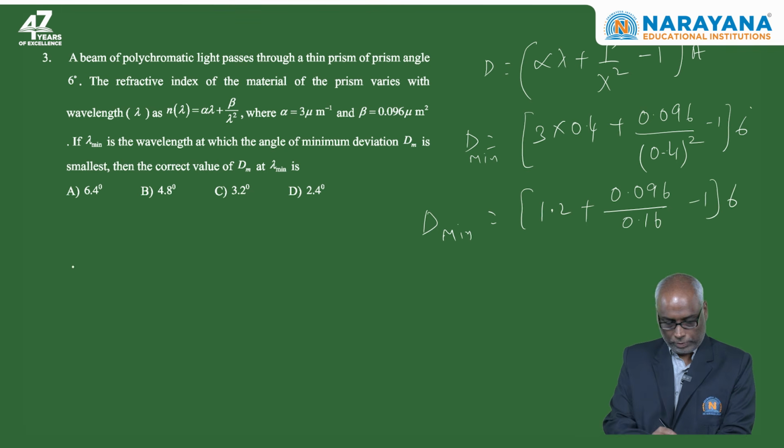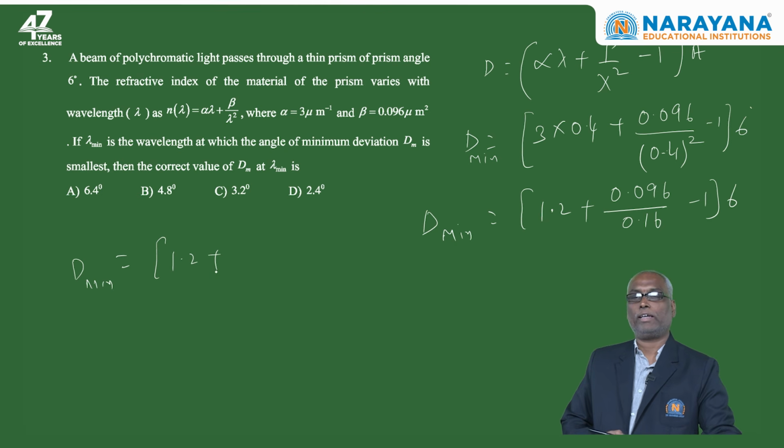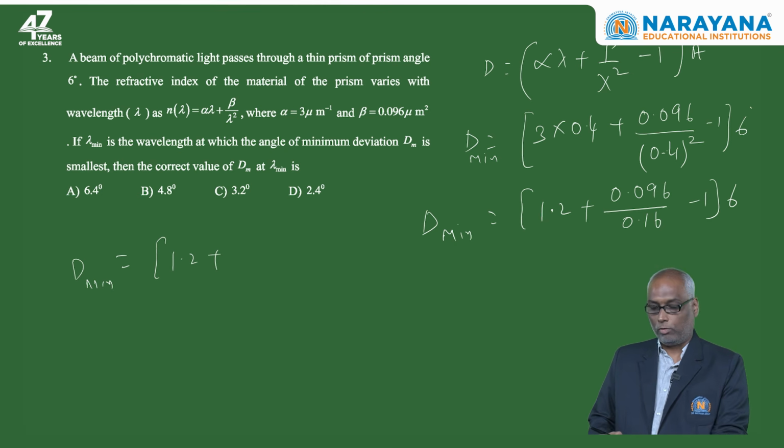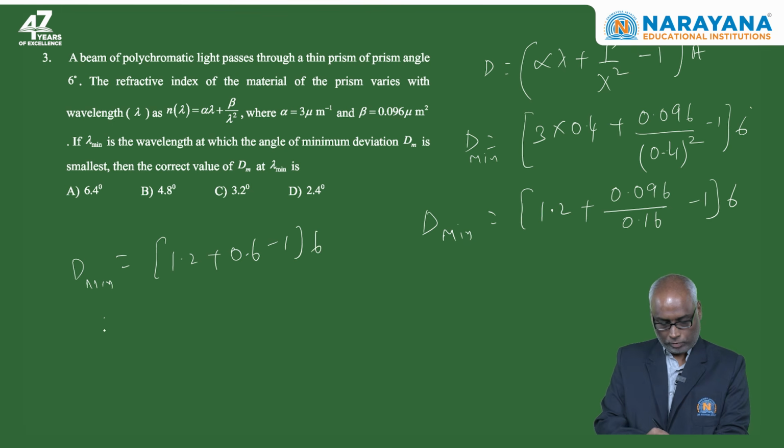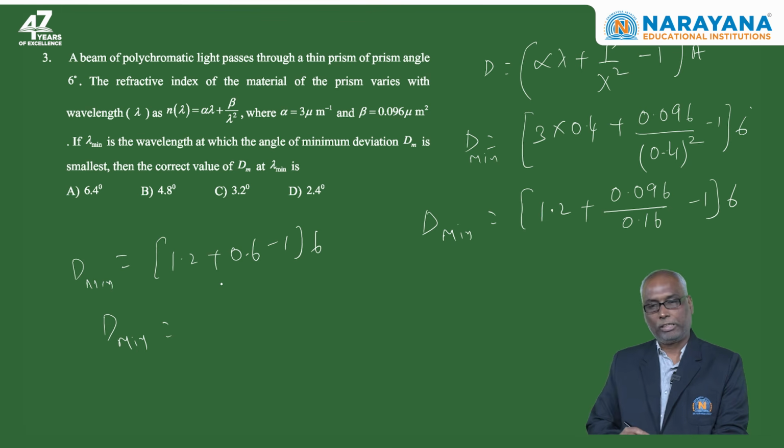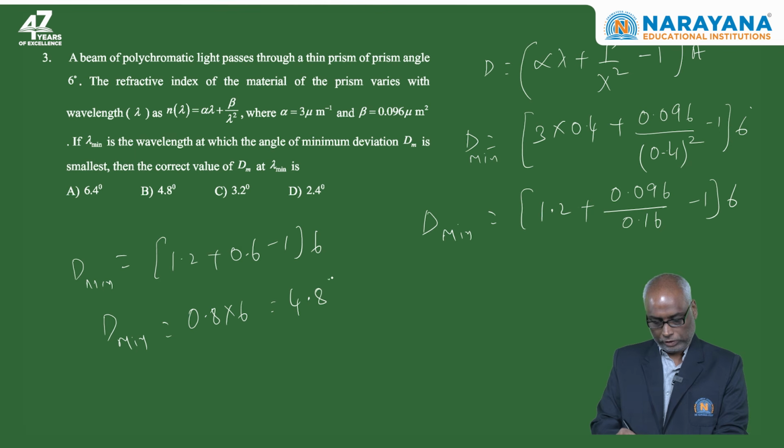So, d minimum becomes equal to 1.2 plus 0.096 divided by 0.16, which becomes 0.6, minus 1, into 6. So, d minimum becomes equal to 1.8 minus 1, 0.8 into 6, that becomes equal to 4.8 degrees. It should be option B.